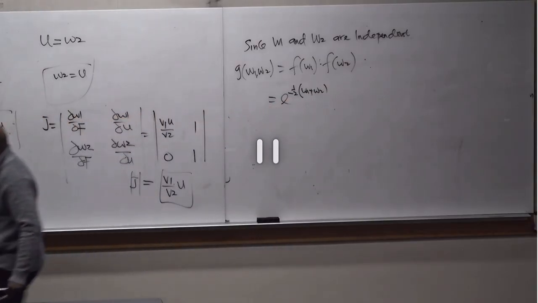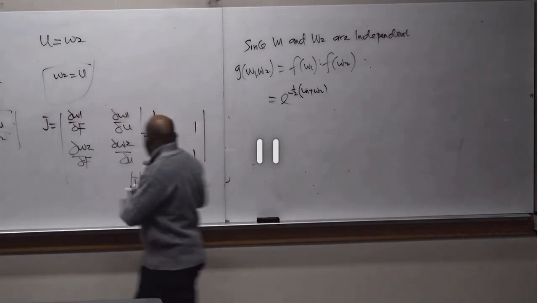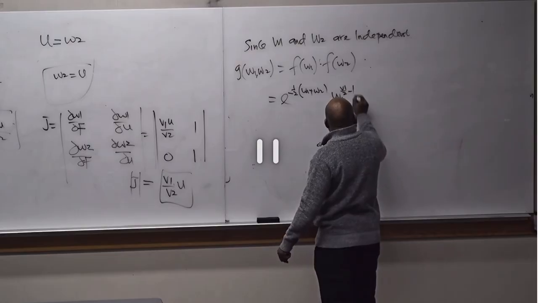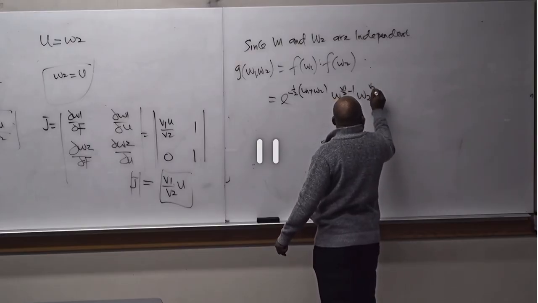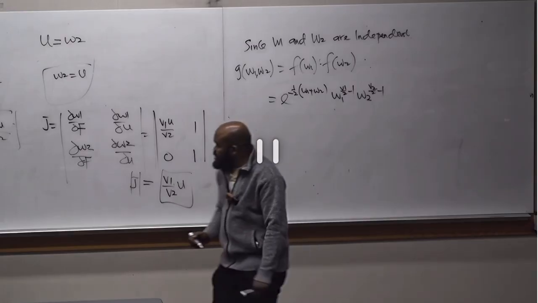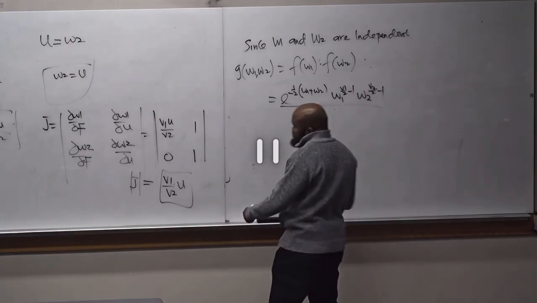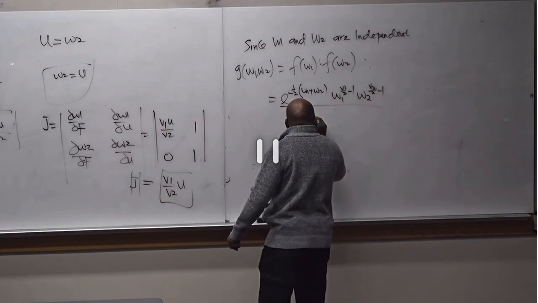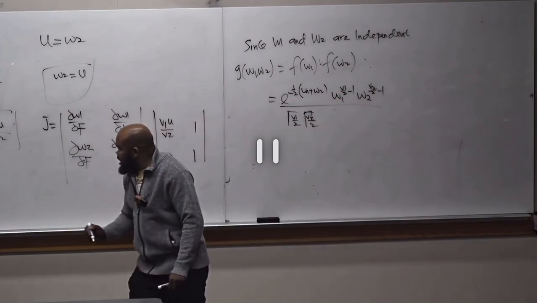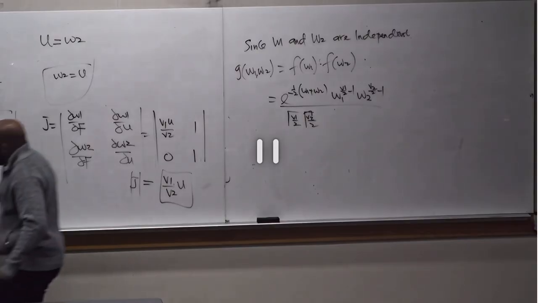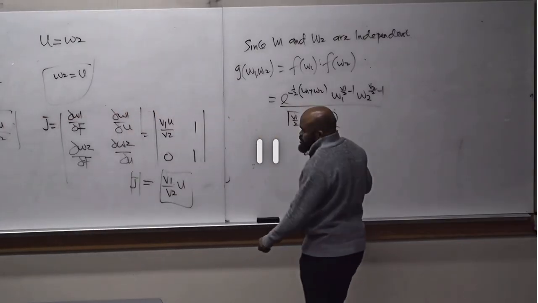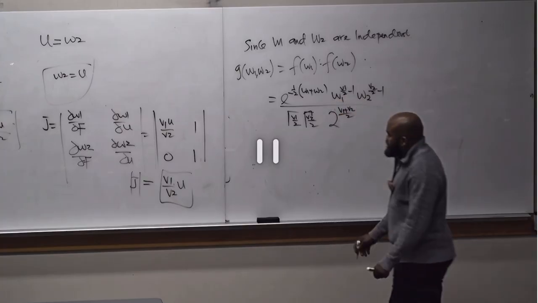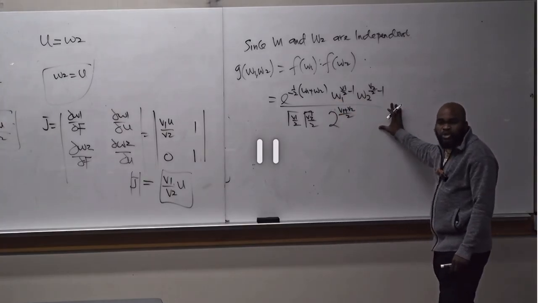When I multiply that, then the other one, W1 raised to power V1 over 2 minus 1, W2 raised to power V2 over 2 minus 1, then divided by gamma V1 over 2, gamma V2 over 2. Then I can combine this and this. I can just have 2 raised to V1 plus V2 divided by 2.